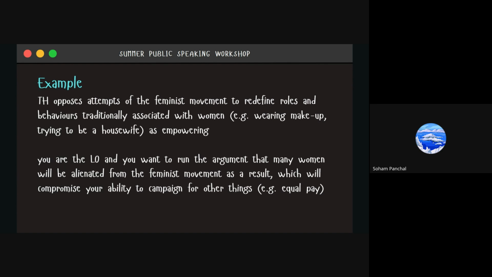So first of all, the motion means that you are the opposition, and the motion is that the house would oppose the attempts of the feminist movement to redefine the roles.